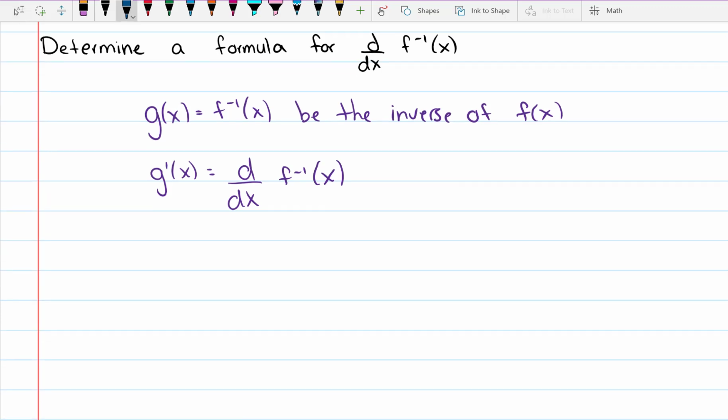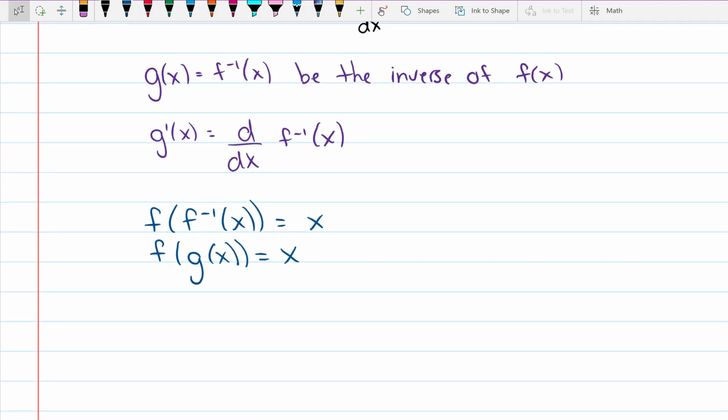So if you have f of f inverse of x, this will always equal x. If you take the composite function of a function and its inverse, you always get x. So now we're just going to rewrite that as f of g of x is equal to x. And then what we're going to do is take the derivative.